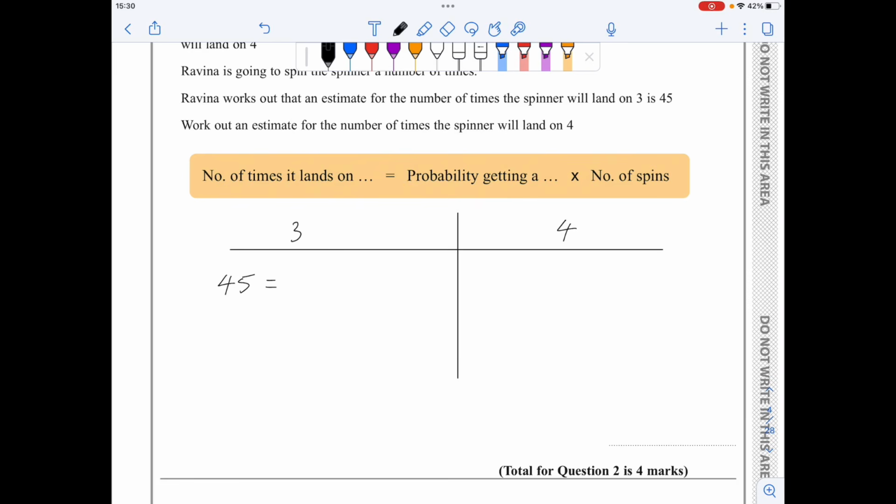This must be equal to 0.18, which is the probability, times the number of spins. So n is 45 over 0.18. n comes out to be 250. And then using the same formula for number 4, I will have 0.28 times 250, and my answer will come out to be 70, which is my final answer.